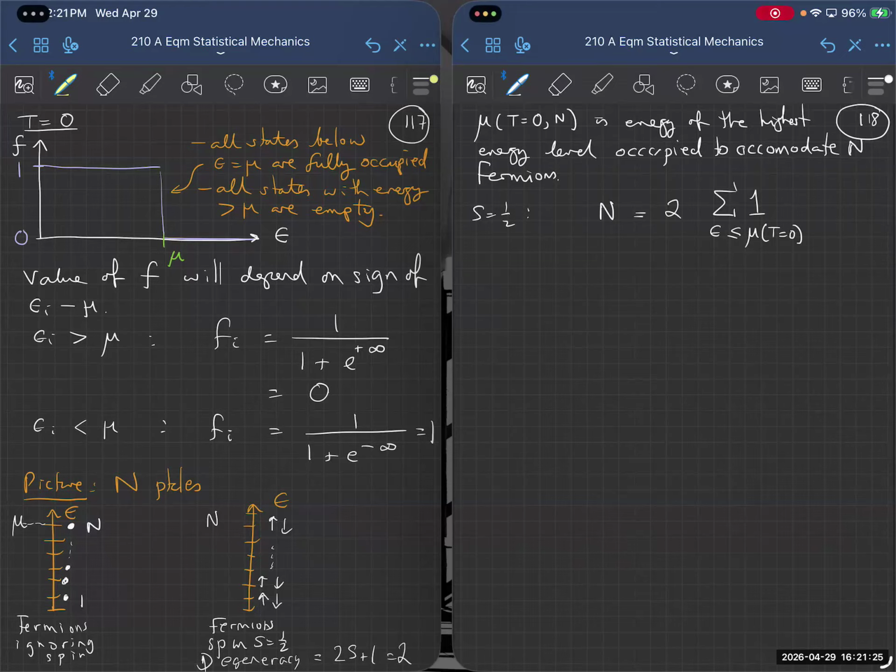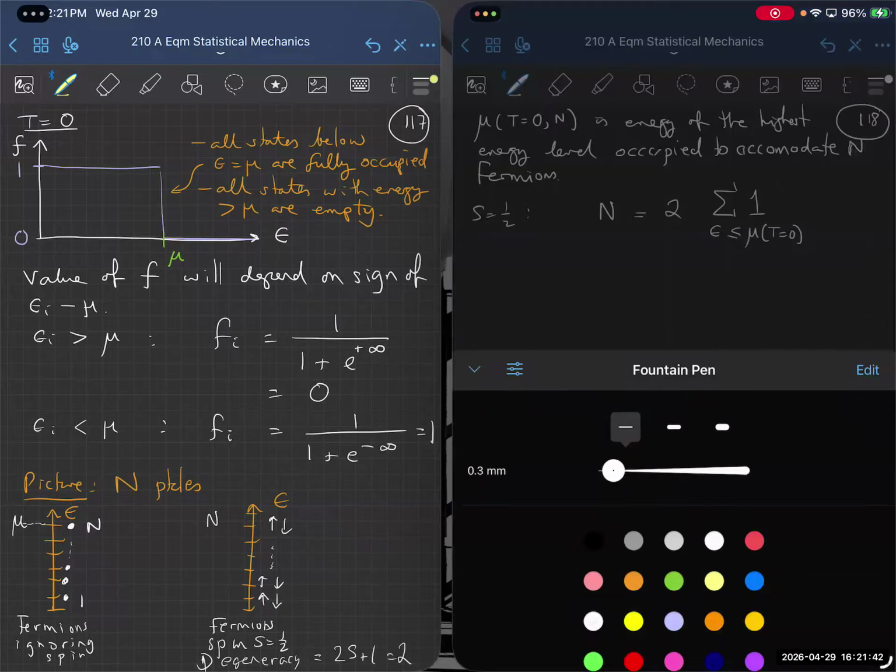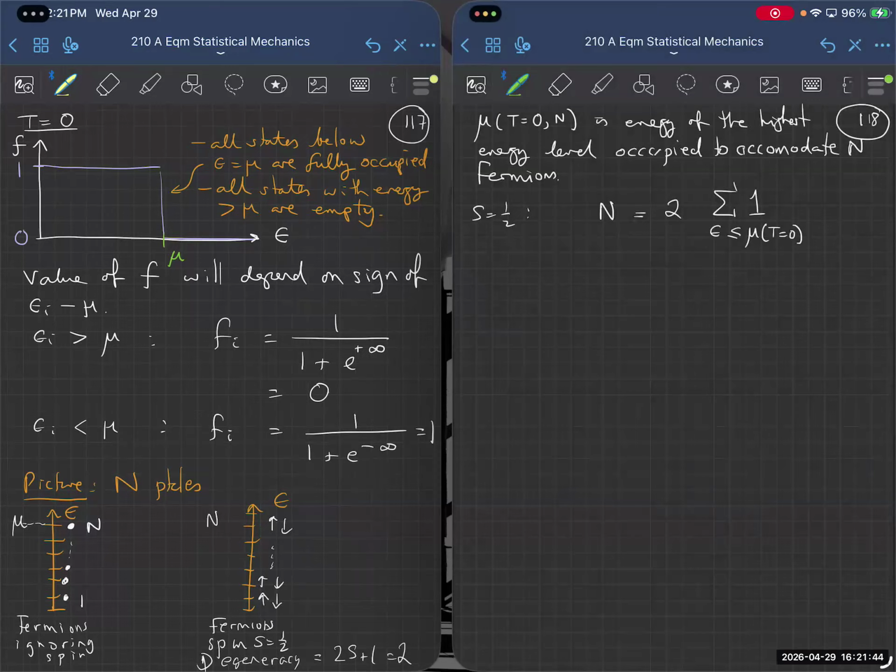So that's what N is, and I want to evaluate that. We're going to be summing over states with energies less than or equal to mu at T equals 0. And so we're going to turn the sum over states into an integral.